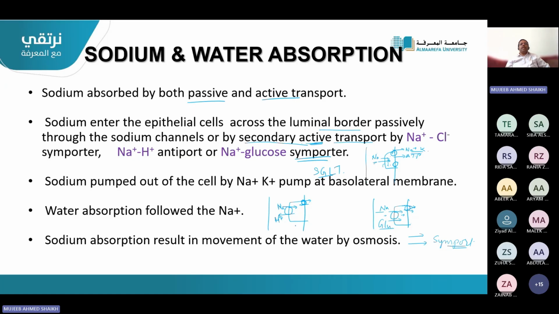That's why it is called antiport transport or counter transport, both one and the same thing. This is how sodium is absorbed: directly by sodium channels, or by the sodium glucose transporter, or by the sodium hydrogen counter transport mechanism.